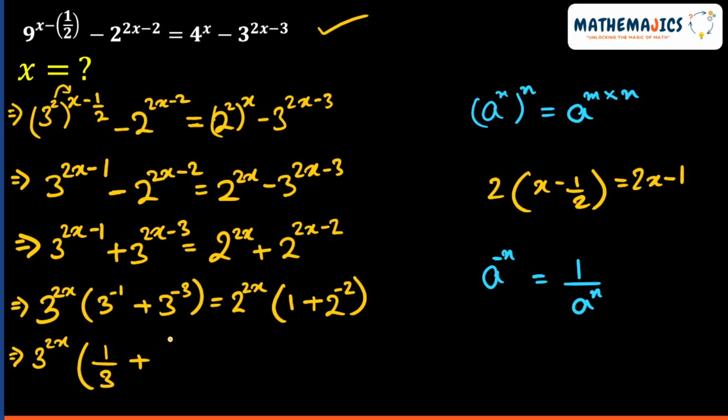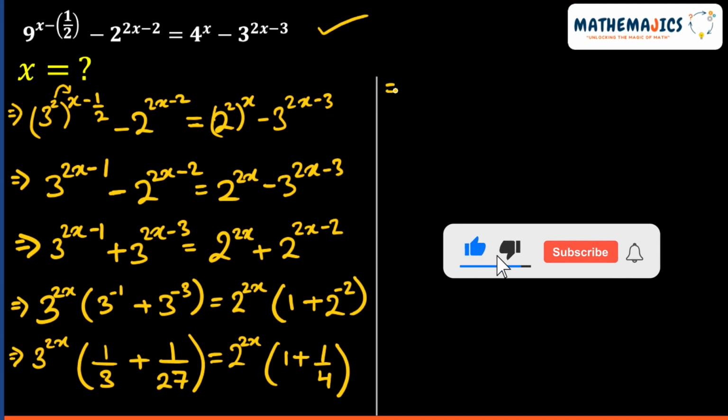This will be 1 by 3 cube. 3 cube is 27. So let's write 27 equals to 2 raised to power 2x 1 plus 1 by 2 square. Yes, so 2 square is 4. Correct? After this step, we will be simply solving the equation. Nothing new to do.